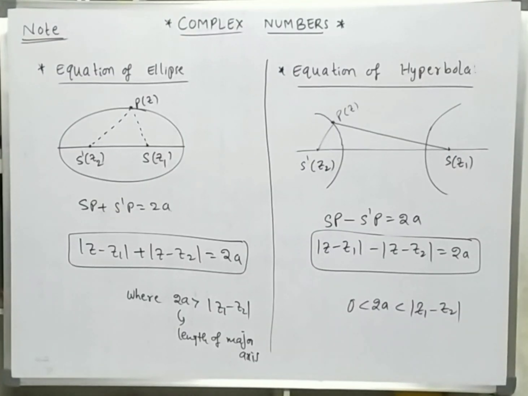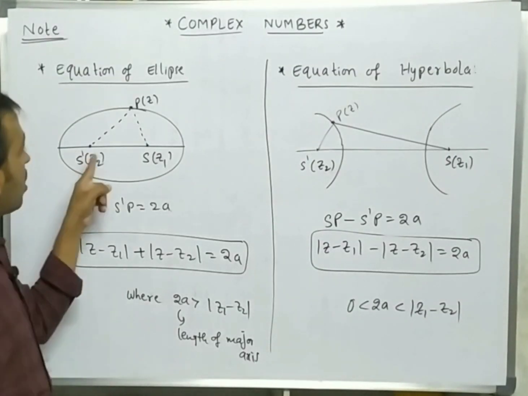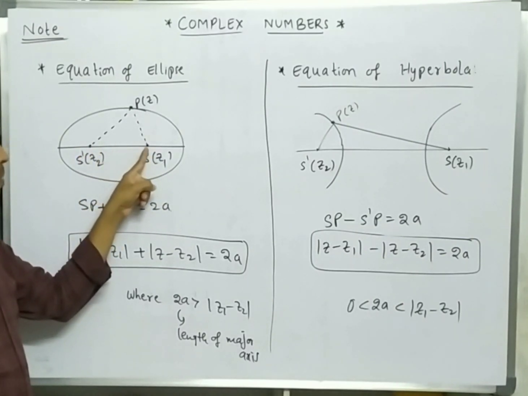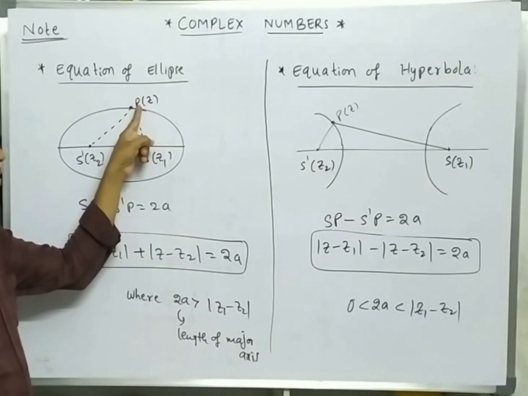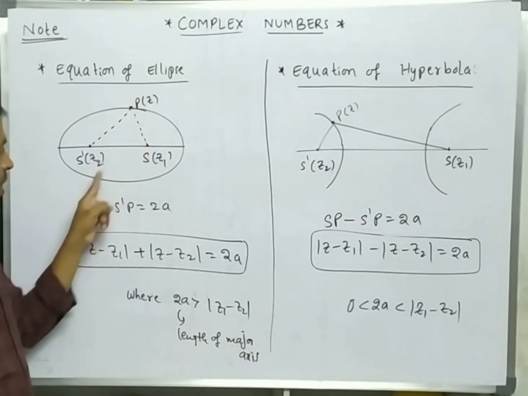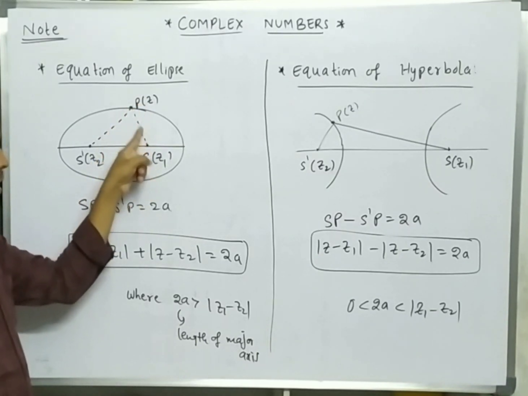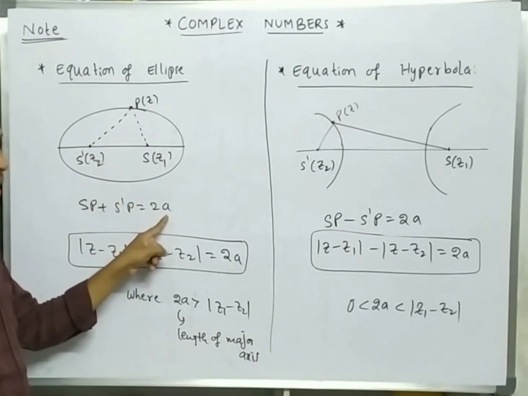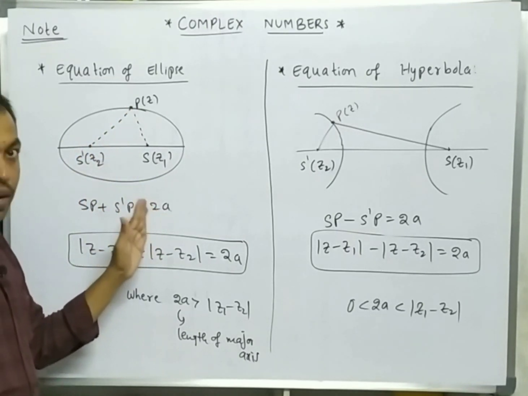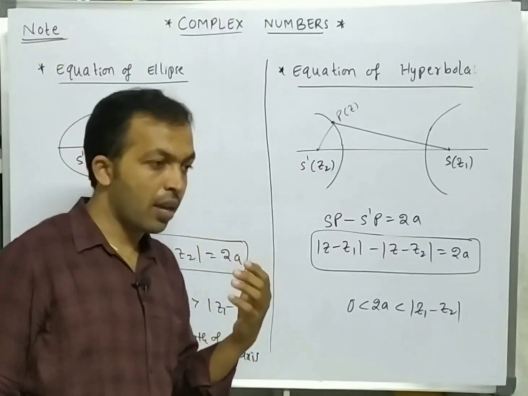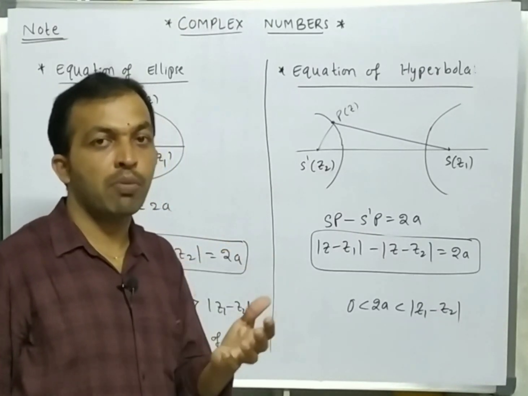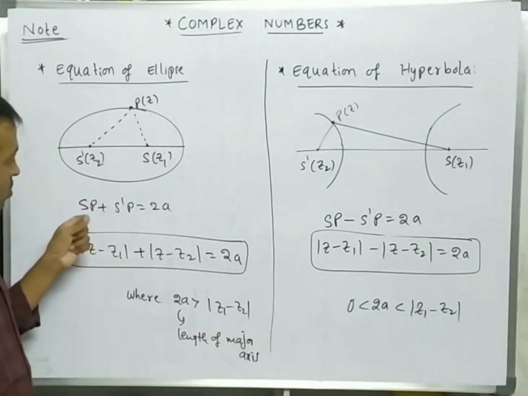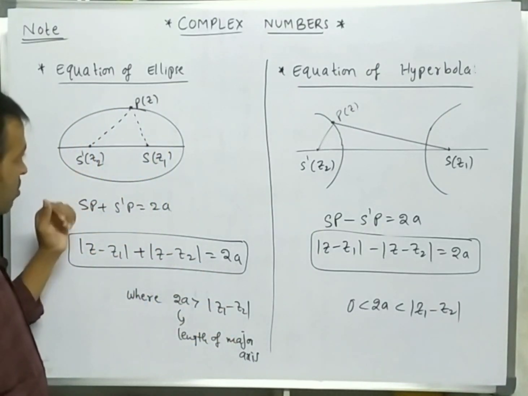Now the equation of the ellipse. S z1 and S dash z2 are two fixed points and P is a point on the locus. The sum of the distances SP plus S dash P is always constant, that is 2a. This is the definition of the ellipse. I have already explained it in the ellipse chapter in my videos, so you can go through those videos on the ellipse topic.